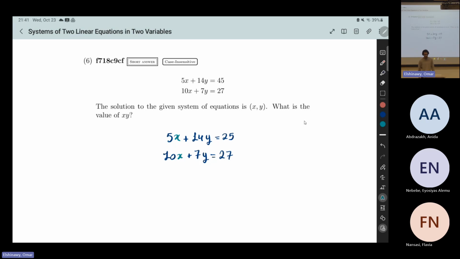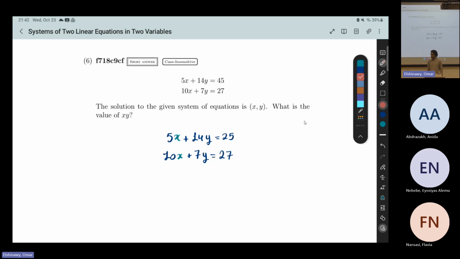So if I just multiply by -2, let's say the first equation, and add it to the other one, then I should be able to eliminate x. So eliminate y. Or you could do the same thing for the second equation. You could do any way you want, and it will give you the same answer.